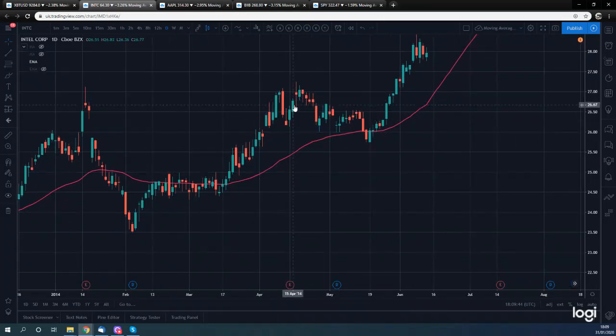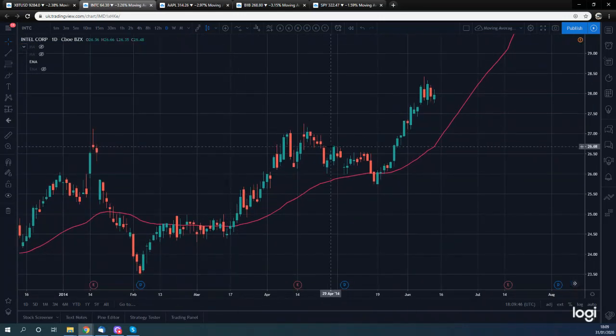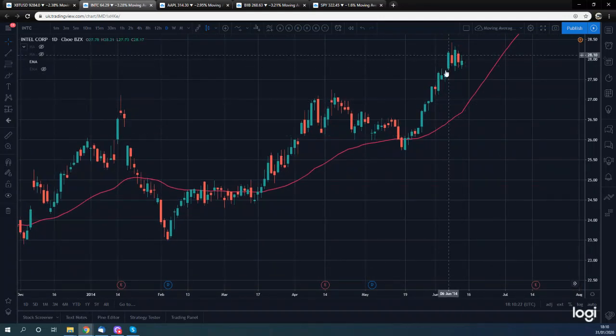This is partly one of the ways a cup and handle is formed, the sort of under the hood of it: we had a bit of an extended run, diverging away from the 50 period moving average, and then came back and tested the moving average. This is called a tweezer bottom, tweezer top, tweezer candles. We did break below, then we got back up, and then we kept rallying upwards.